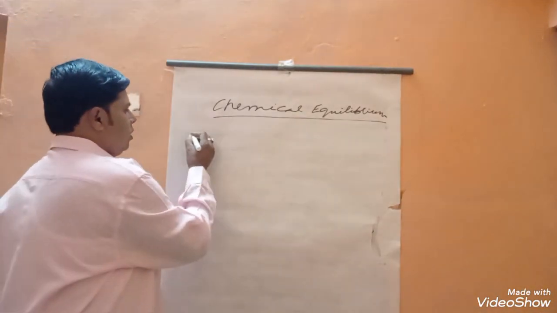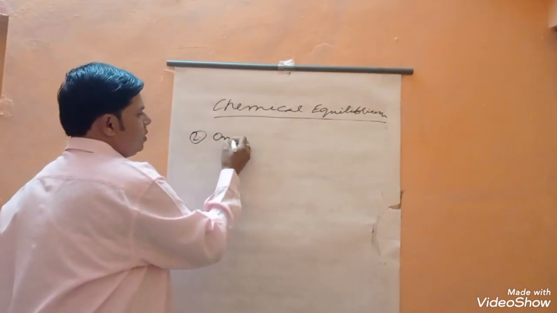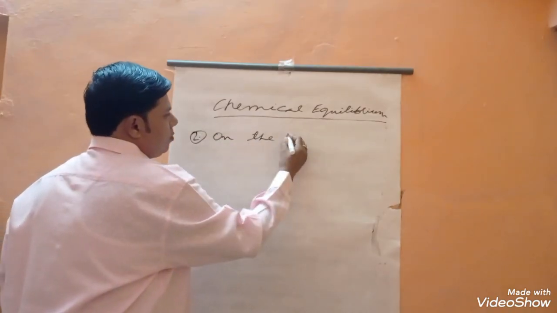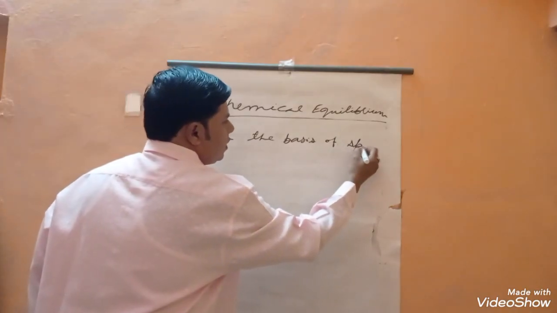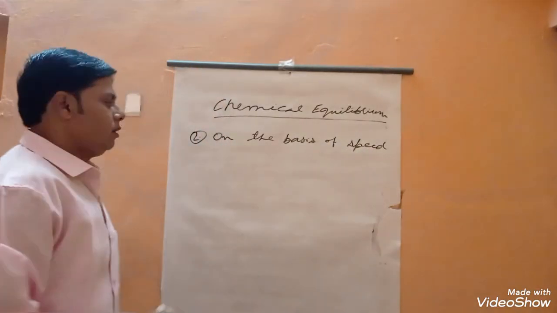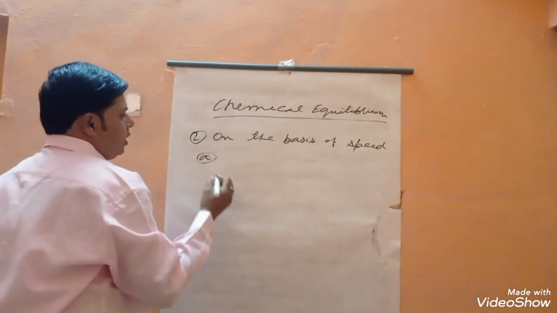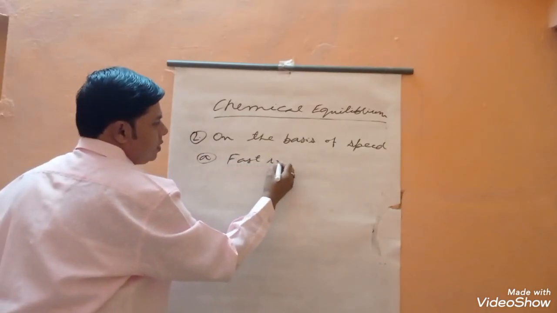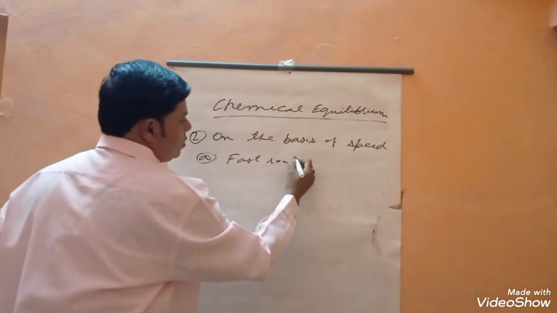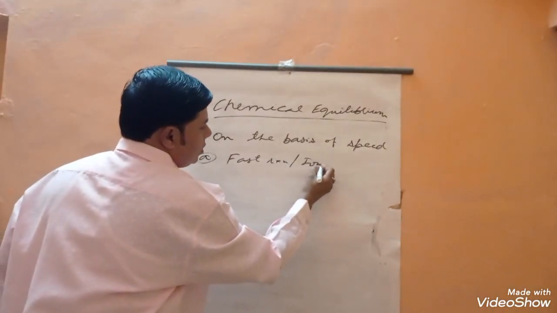Come to the next point, on the basis of speed. A point is fast reaction. It is also called ionic reaction.